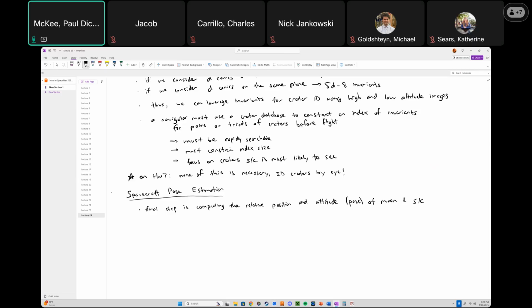Okay. It is possible to leverage apparent crater shape and size when doing this.